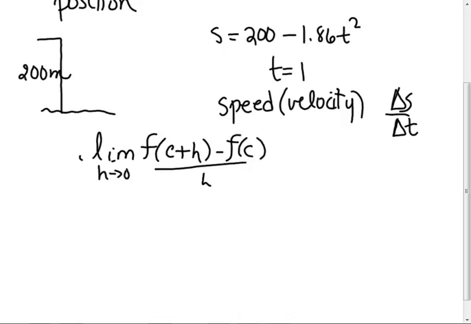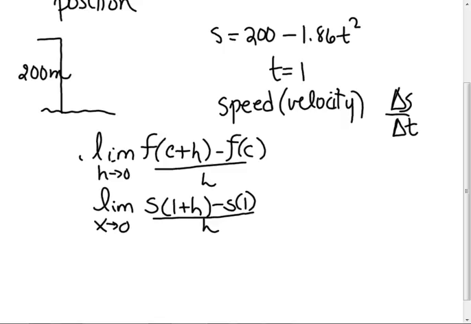In this case, it's going to be the limit as h goes to 0, and it's s of, what's my c value? You could leave it as c, but it's usually easier. It's t equals 1. 1 plus h minus s of 1 all over h. You're just going to get those points closer and closer together. So it looks like it's going to be horrible, but it's not that horrible.